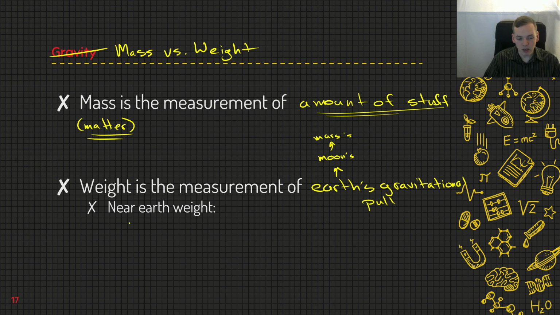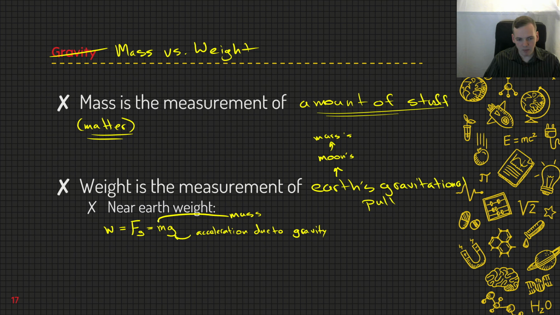Now, if we're near the surface of the Earth, and most of the calculations you'll do will be near the surface of the Earth, the weight, W, is also equal to Fg, which is also equal to mg, where g is the acceleration due to gravity, and m is the mass.